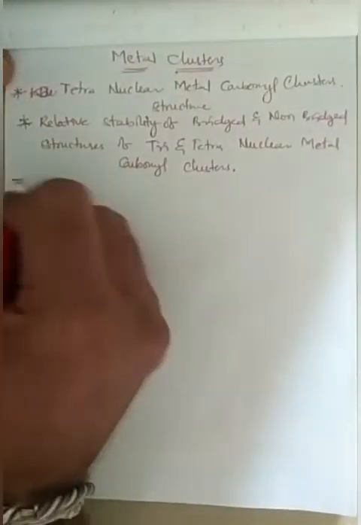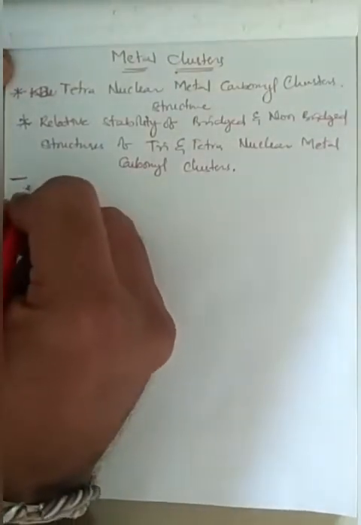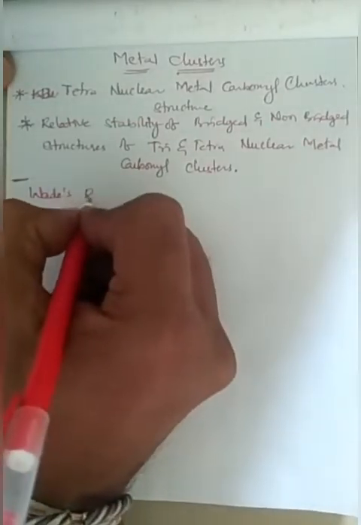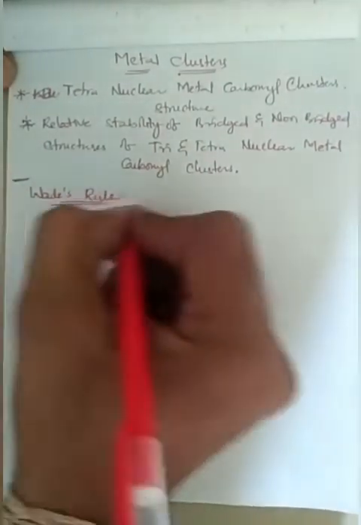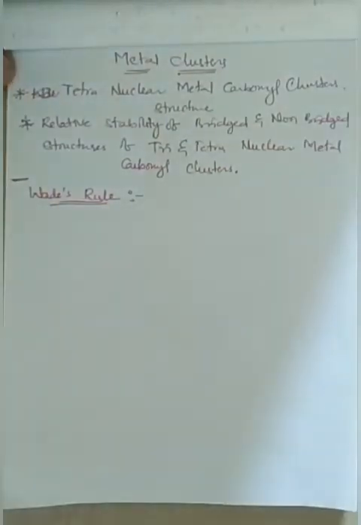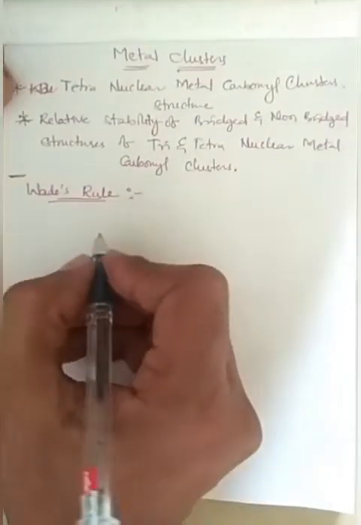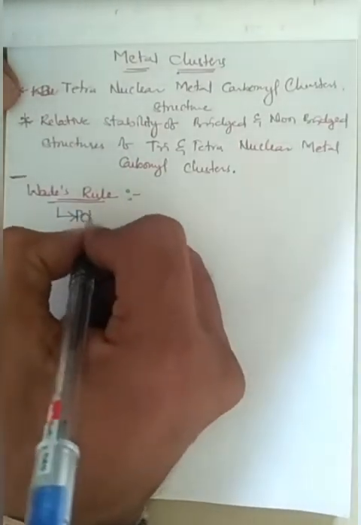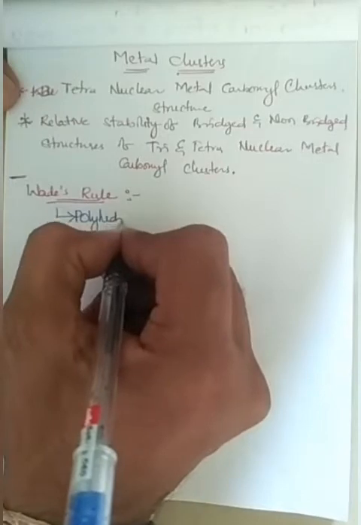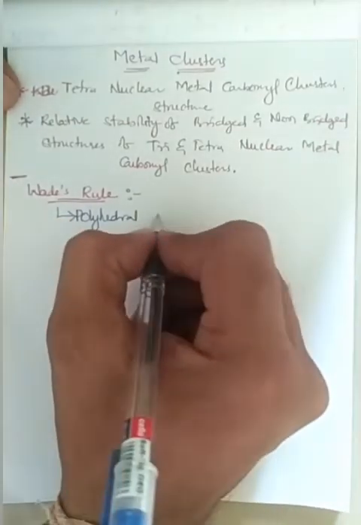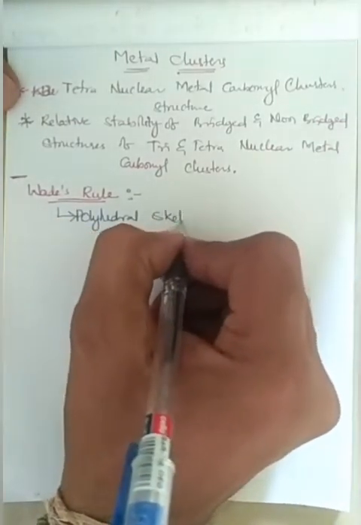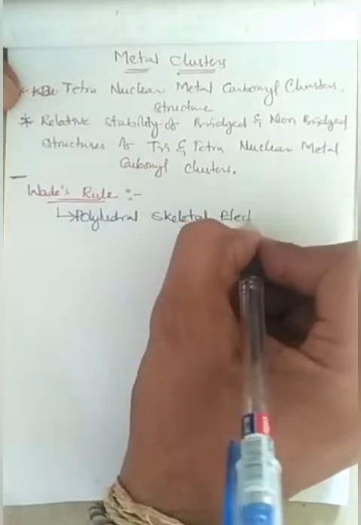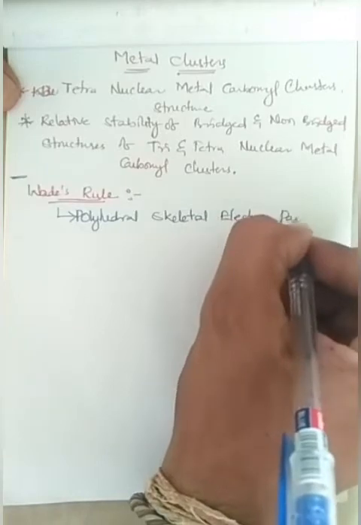So today we are going to have a new topic, Wade's rule. This is also termed as polyhedral skeletal electron pair theory.